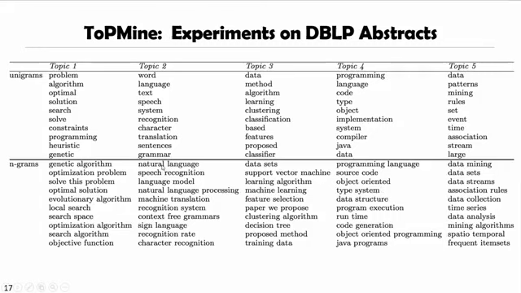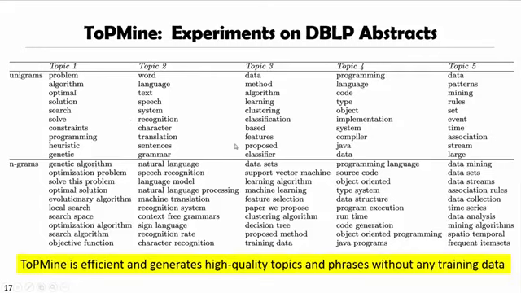For example, almost anybody working on natural language processing can see natural language, speech recognition, language model, natural language processing, machine translation, all these become very good top-ranked phrases for natural language processing. That implies this phrase mining not only helps generate quality phrases, but also generates better quality topic models. That means ToPMine is efficient and generates high quality topics and phrases without any training data.